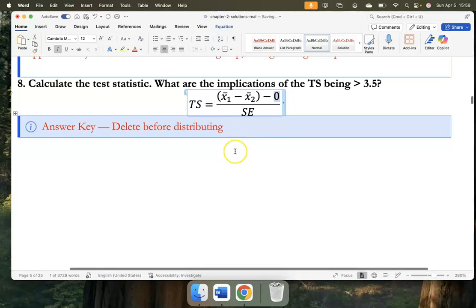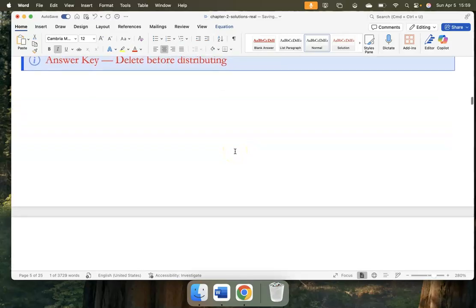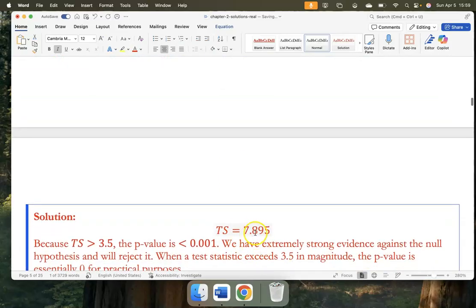So with that being said, actually, I didn't provide the work for this. I just provided the number. And we get 7.895. Okay, 7.895 is our test statistic, which is a lot greater than 3.5.